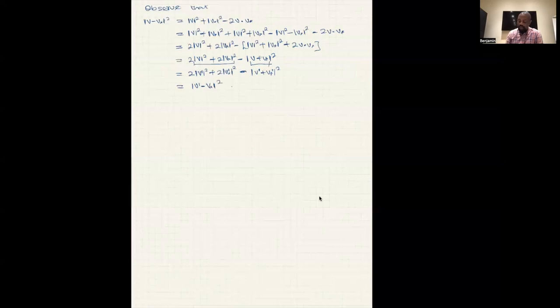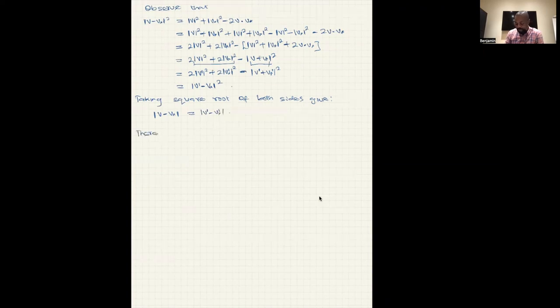Now, taking square root of both sides gives that the absolute value of V minus V star is equal to the absolute value of V prime minus V star prime.